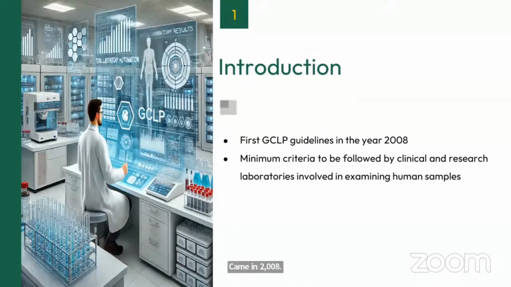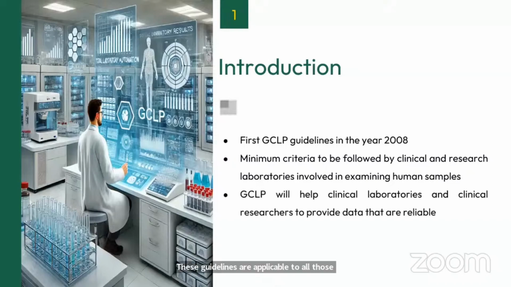This document is applicable to all types of laboratories which are involved in routine medical practice, and even to research laboratories. Whoever is handling human samples, these guidelines are applicable to all those laboratories.